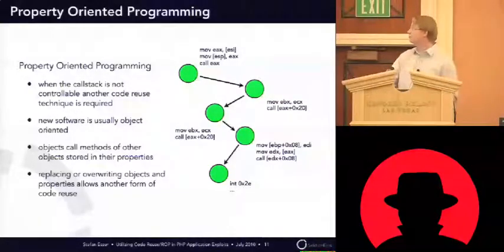In this graphic the circles are just random objects, and you see one object calling a method of another object, and so on. If I can override the objects or the properties of the objects, I can choose which object is executed next. The only thing that's maybe static is which method is called.